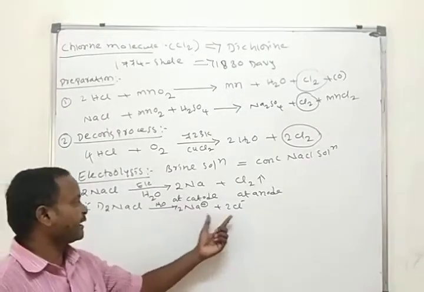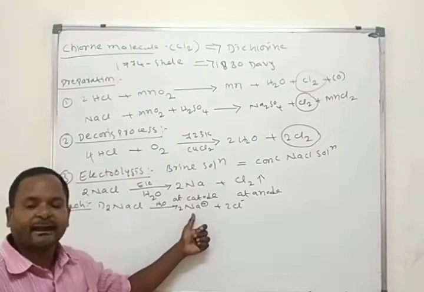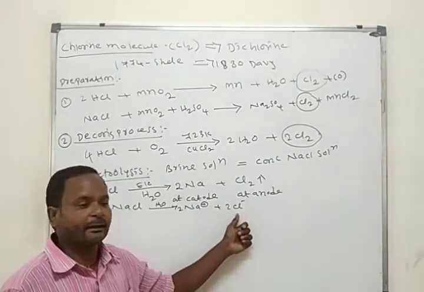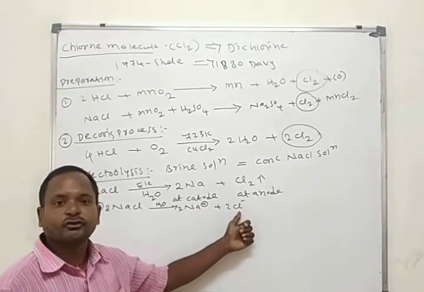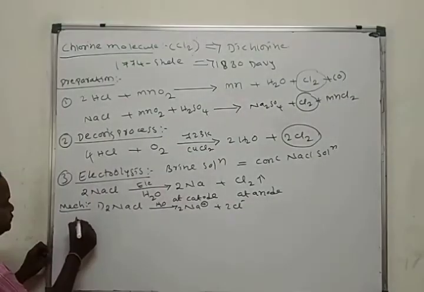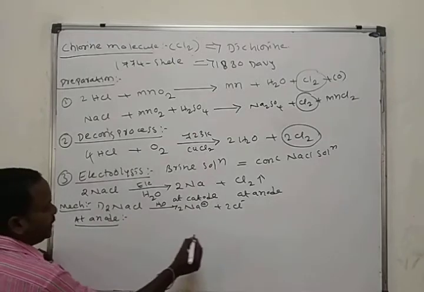Na plus ion means cation, Cl minus ion means anion. The cation moves toward the cathode, and the anion moves toward the anode. We will see the reactions at the anode and at the cathode.